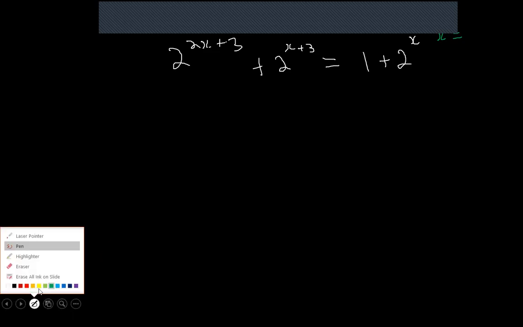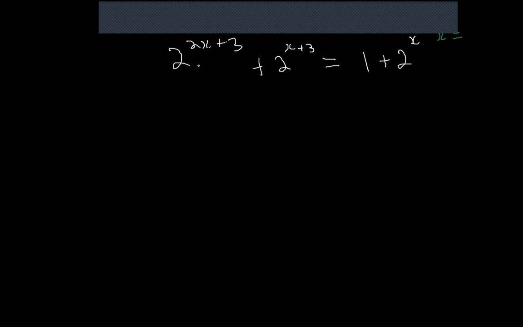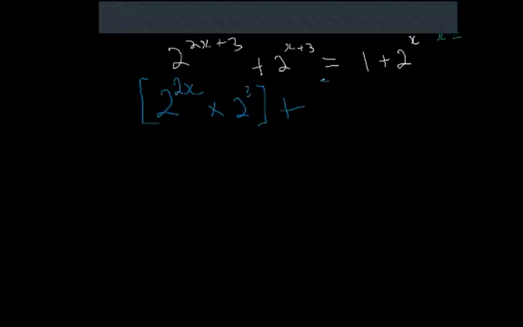Okay, if I simplify this, let me do this the long way. This is the same as 2 to the power of 2x times 2 to the power of 3, plus this is the same as 2 to the power of x times 2 to the power of 3.